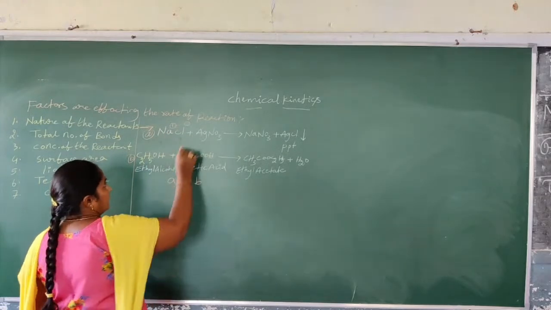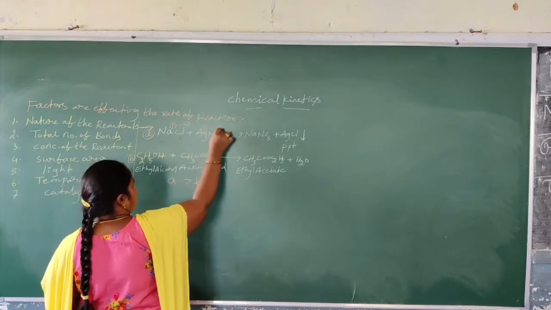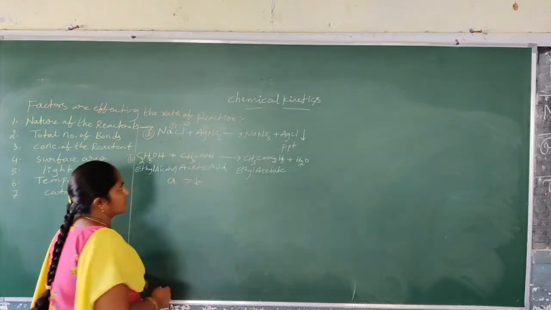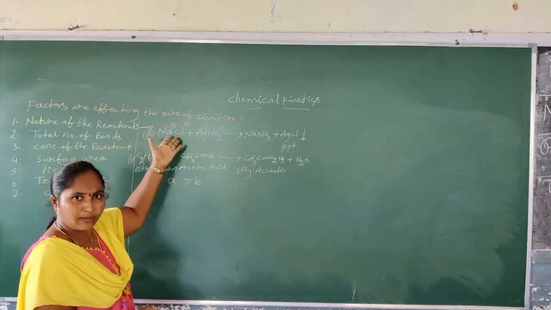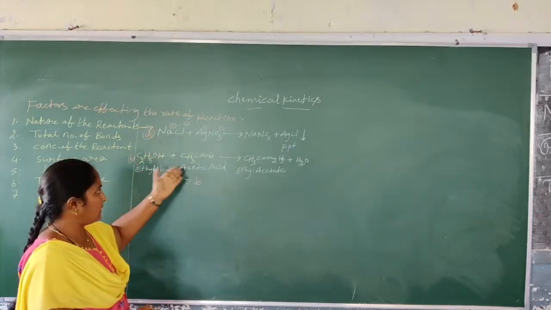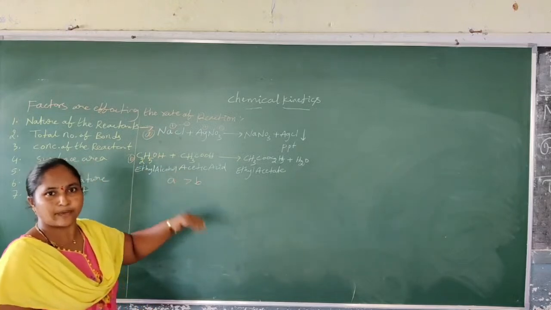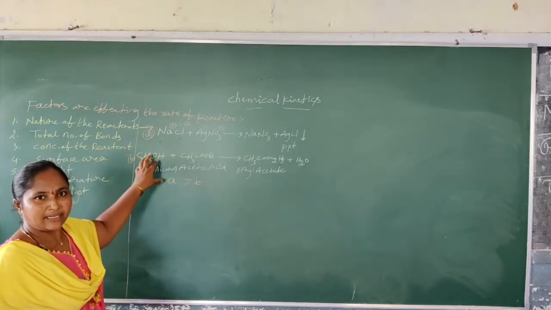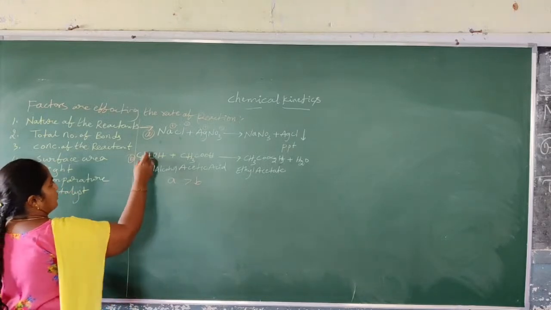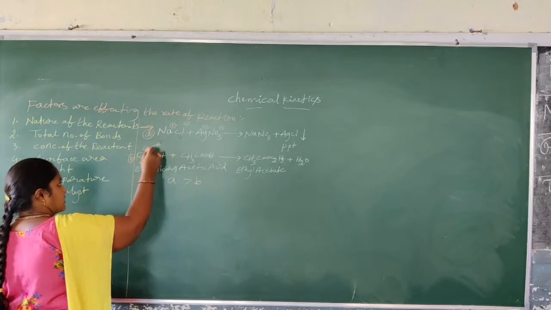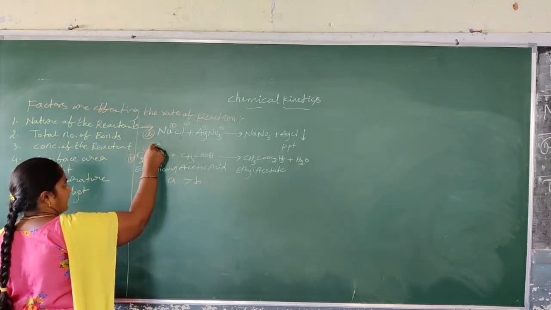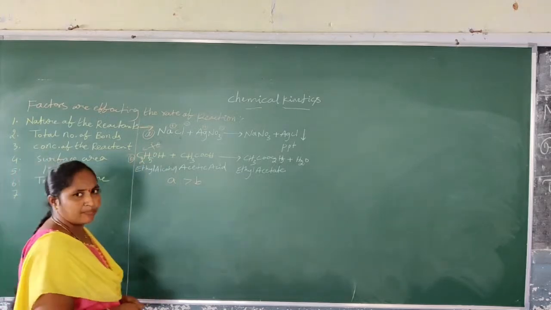That's it. Here also the same: Ag plus and NO3 minus. Attractive forces are between the two ions. So that's why here there is no bond breaking. But in a covalent compound, there is a need to break the bonds between the atoms. For example, there is a bond between carbon and hydrogen. So time will be taken for breaking this bond to get a product.